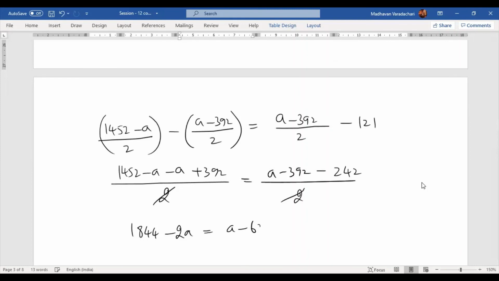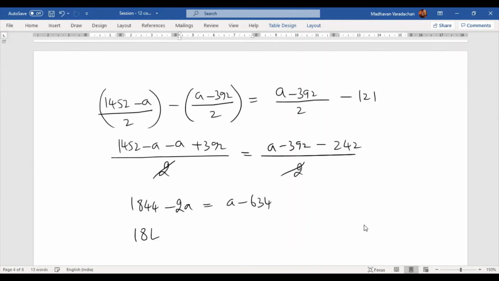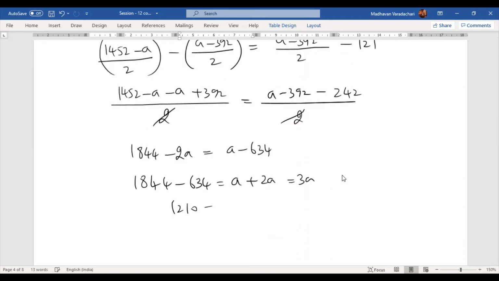I will take this 634 to the other side and bring that 2A to this side, it becomes 3A, and you get 1210 is 3A, which means A is 1210 divided by 3, which is 403.33.